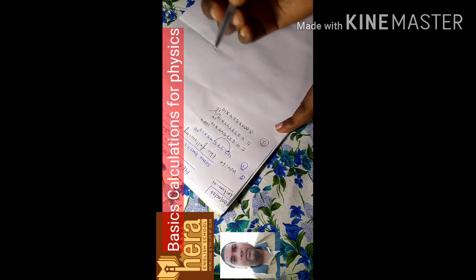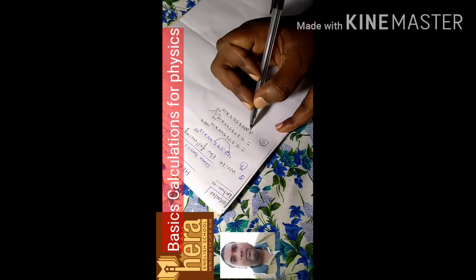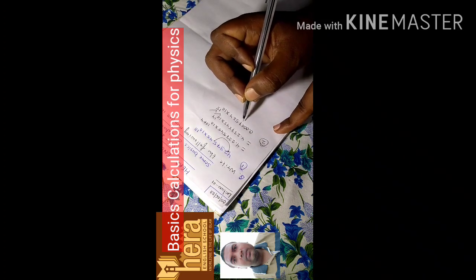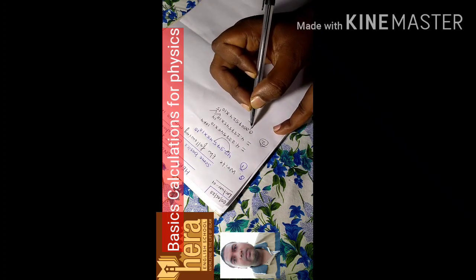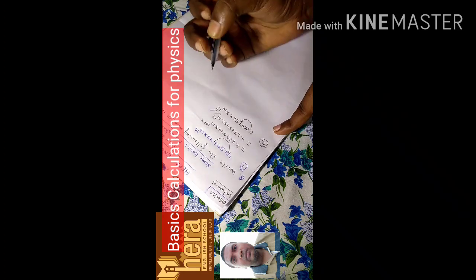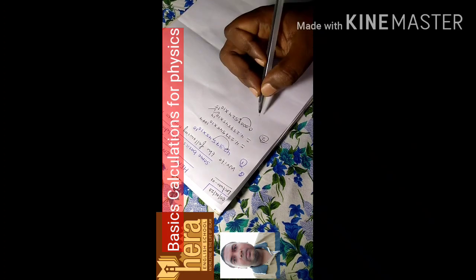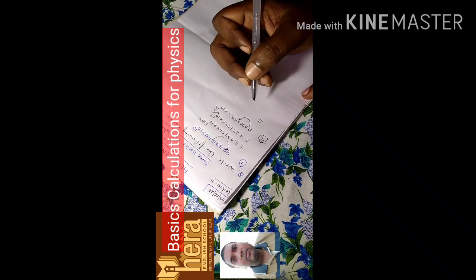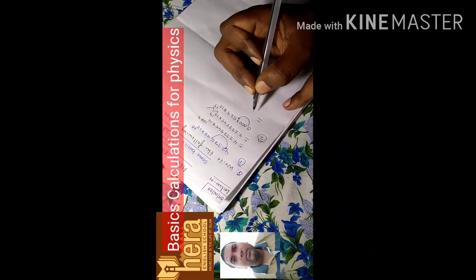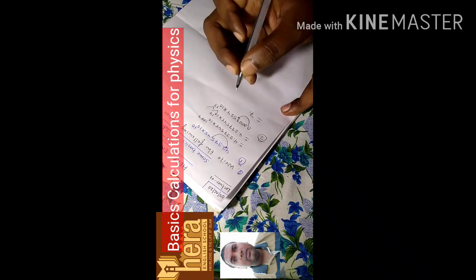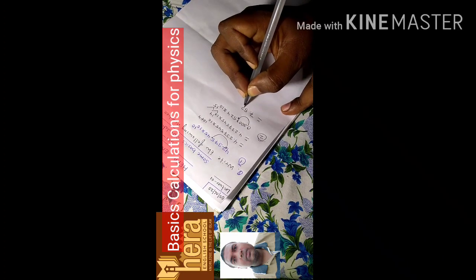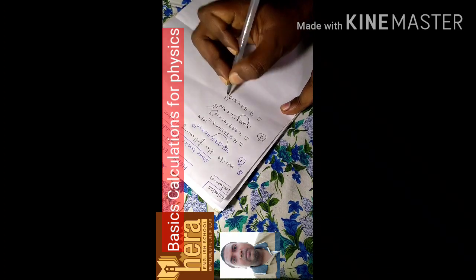You have to write this number in scientific notation. In scientific notation, the decimal should be after one digit. So you have to move this decimal from here to here. Then this will be equal to 7.524 into 10 raised to 15.